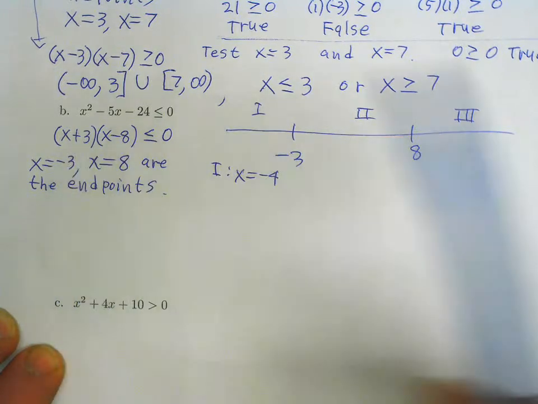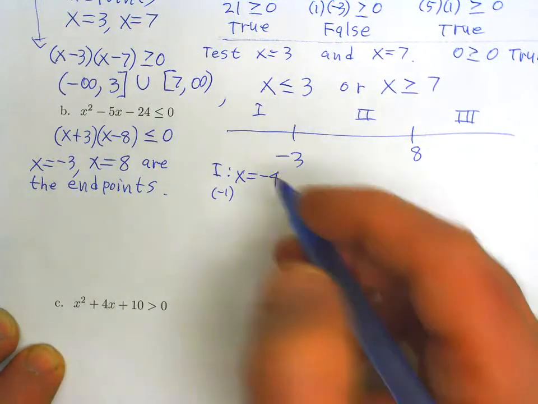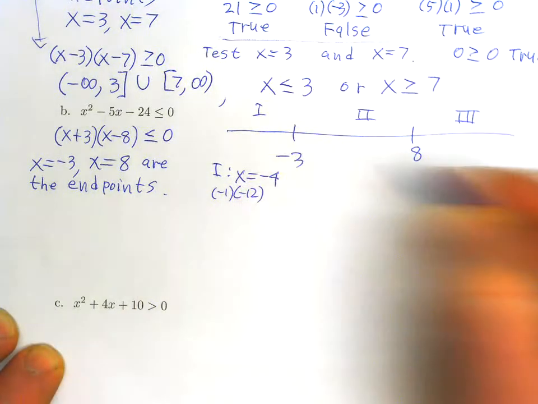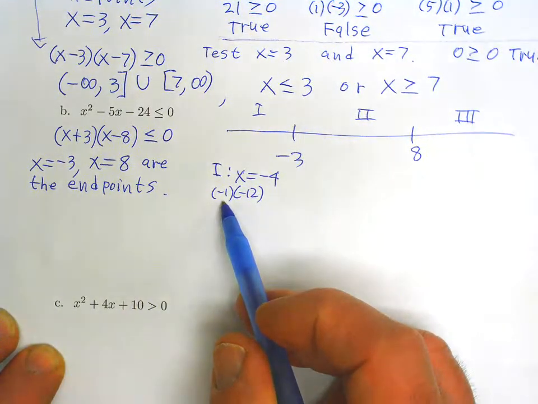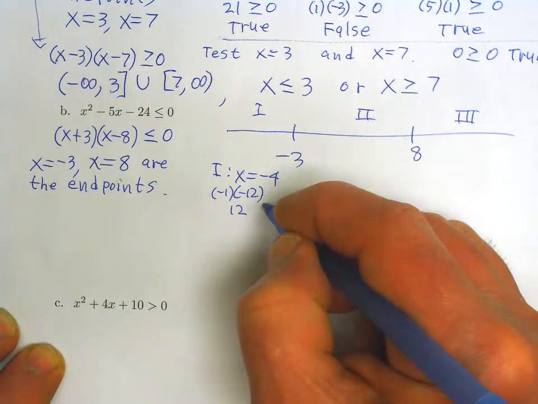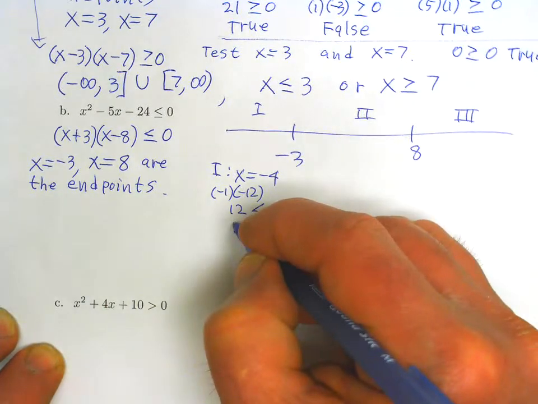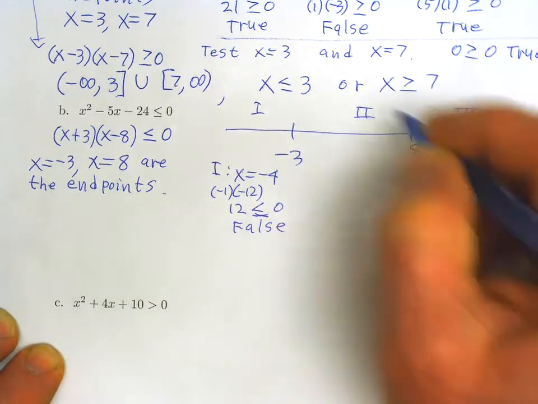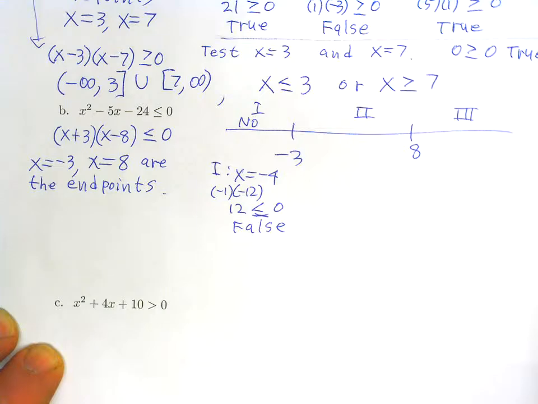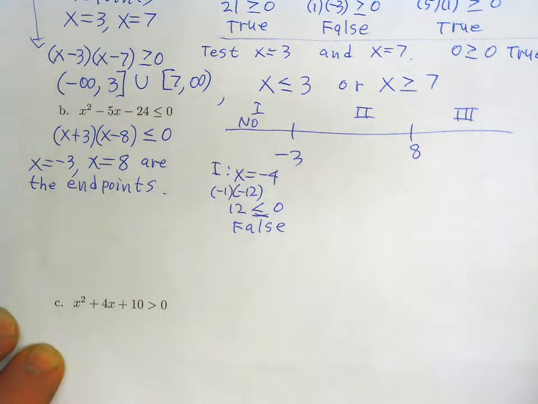Negative 4 plus 3 is negative 1. Negative 4 minus 8 is negative 12. And negative 1 times negative 12 is 12. The inequality less than or equal to 0 is false. So none of the numbers from negative infinity to negative 3 are solutions.